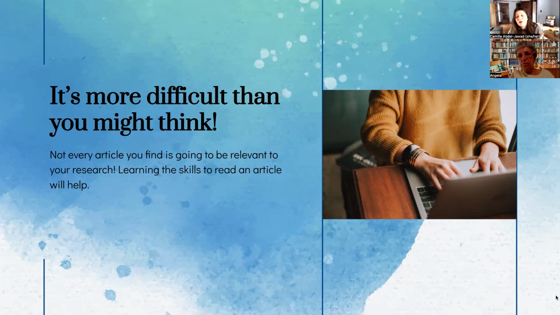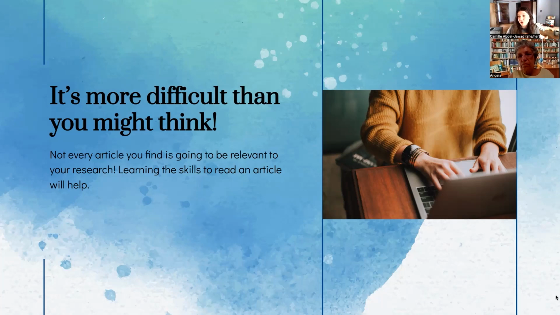It's really important to remember, and Alex is going to talk a lot about this, that not every article you come across is going to be relevant to your research. Not every single article is one that you should use. So how do we determine which one to use and which not to use without having to read the entire thing? Journal articles can be anywhere from 10 to 20 pages.